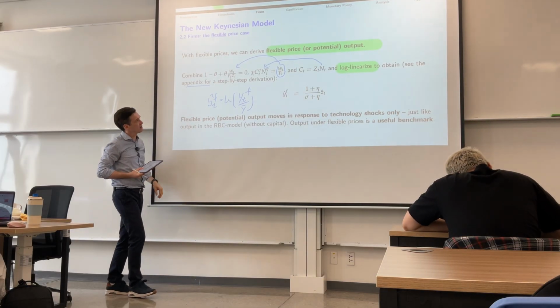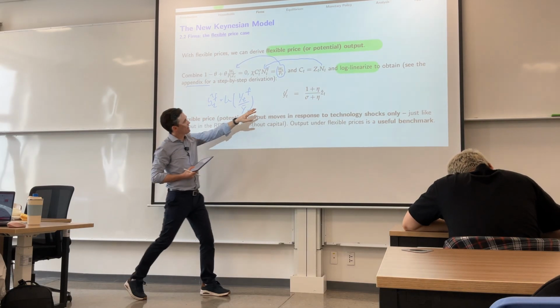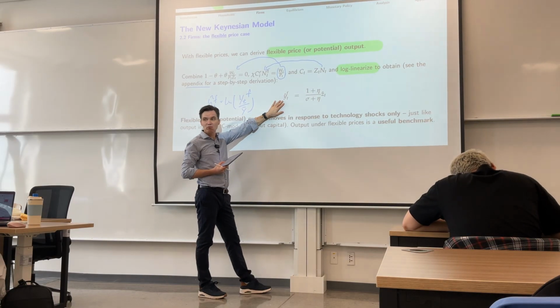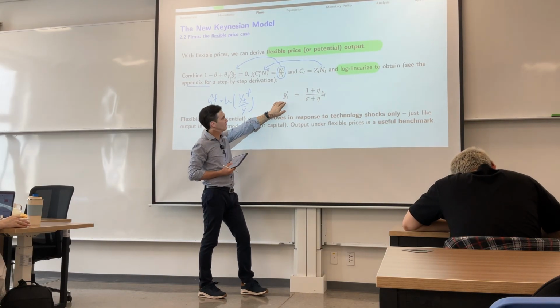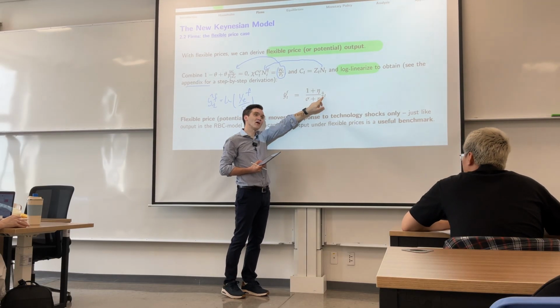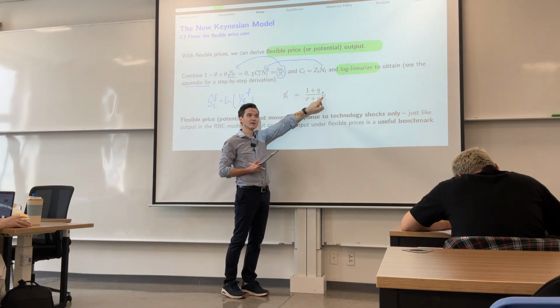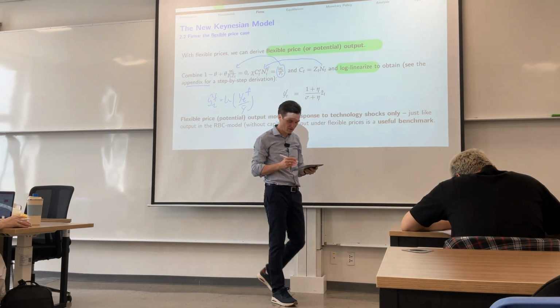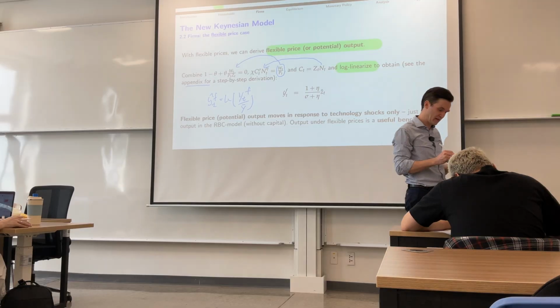And what you learn in these derivations is that, in this model with flexible prices, potential output is a function of model parameters, but importantly, it's a function of technology. So ZT hat is technology. It's the percent deviations of technology from its trend, from its steady state.